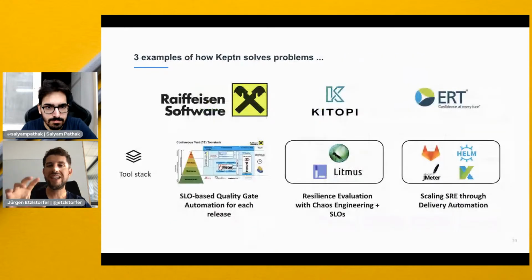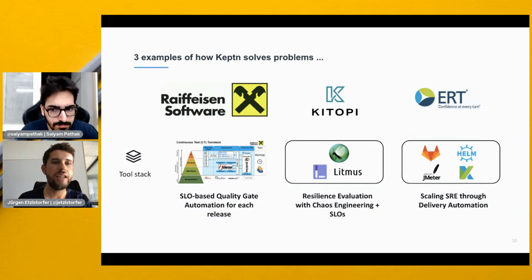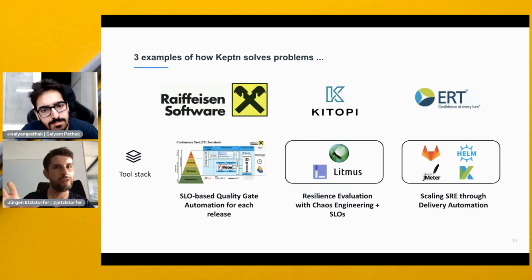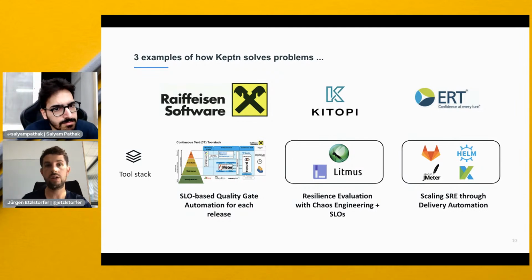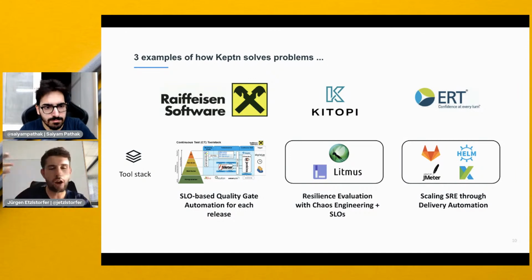So, three examples already in the beginning of how Keptn is really working for our adopters, our end users, in their production environments. The first one is Raiffeisen Software. If you're living in Europe, especially in the German-speaking parts like Austria and Germany, and also a little bit of Eastern Europe, you are most likely familiar with Raiffeisen, because it's a huge bank, a huge financial institution here in Europe. If you're not from Europe, you can imagine a large financial institution.